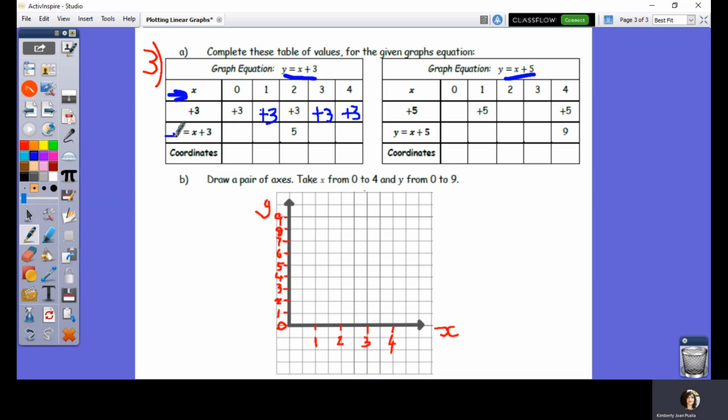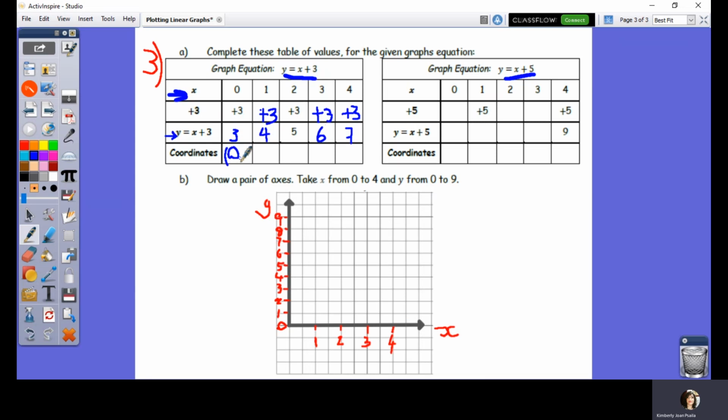And here we have our y coordinates. We get these y coordinates by adding this value with this. Okay, so 0 plus 3 is 3, 1 plus 3, 4, 2 plus 3 gives us 5, this is 6, and this is 7. You write down your coordinates, okay, this number, comma, this number.